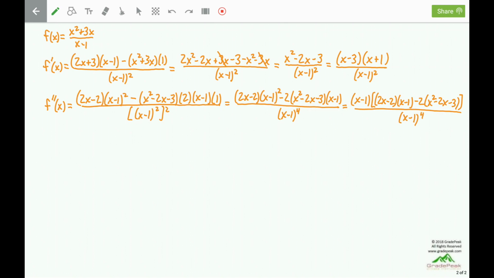Now that we've factored the x minus 1 out, we can cancel the 1 power of x minus 1 in the numerator with one of the powers in the denominator. It'll now be to the power of 3. And if we compare it to the first derivative, we see it is increased by only 1, as it should.